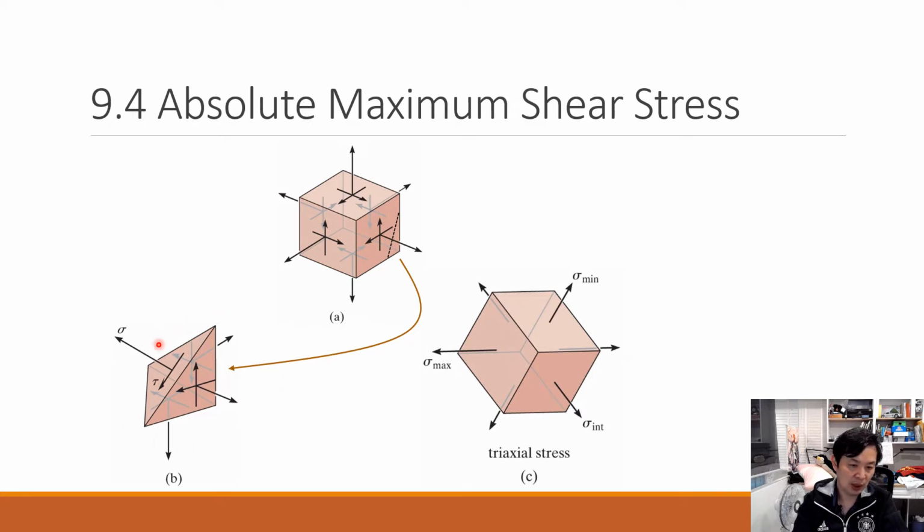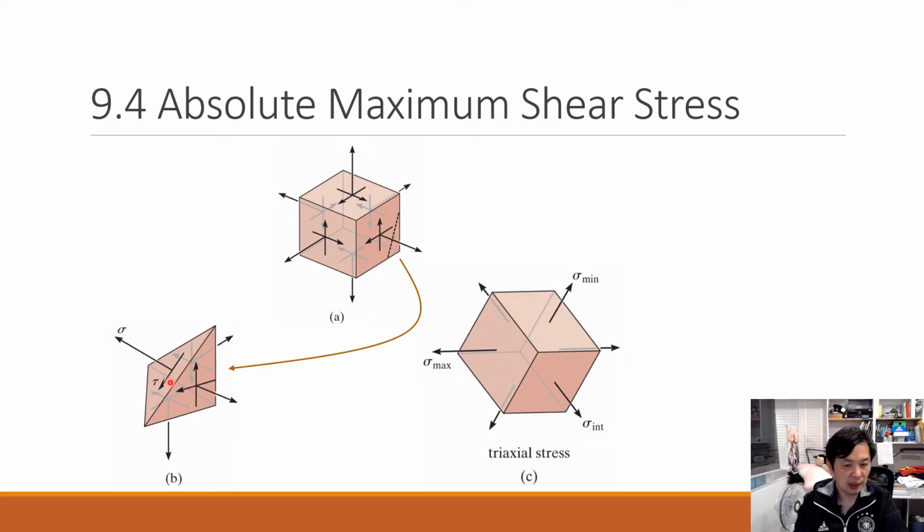This kind of shape includes the original stress state on three perpendicular, or orthogonal, surfaces. These three surfaces correspond to all the stress states from the original stress, okay? And this new surface corresponds to any arbitrary orientation of the surface, and we can use that to find the sigma and tau.